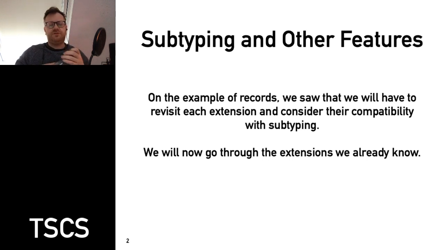Good. So as I said before, let's review all the extensions that we had before, and then try to come up with their compatibility to subtyping. These are all extensions to the lambda calculus that we already discussed, that you already know or should know, and we just adapt them to be compatible with subtyping.